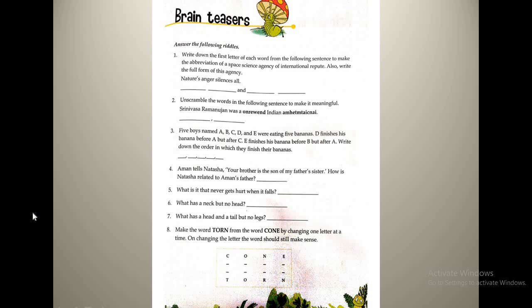Next question. Unscramble the words in the following sentence to make it meaningful. Srinivas Ramanujan was a dash Indian dash. Here the word is unscramble, you have to rearrange and tell. A very interesting thing I would like to tell about Srinivas Ramanujan. It's very sad for us that he died at a very young age of 32, but he was a very great mathematician.